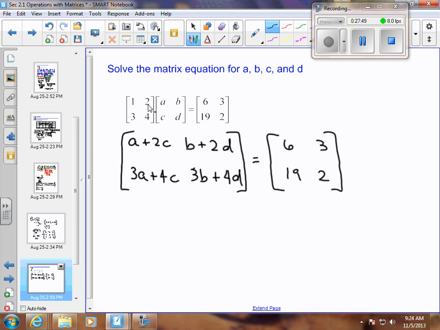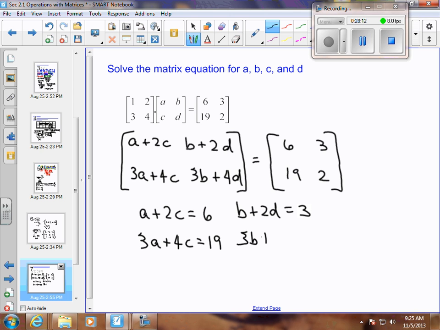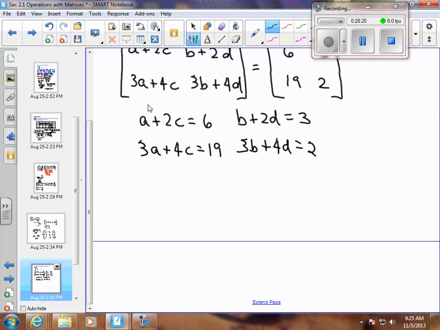So again, we have two matrices that are equivalent, and that can only be true if the corresponding elements are equal. So A plus 2C equals 6, B plus 2D equals 3, 3A plus 4C equals 19, and 3B plus 4D equals 2. So I would solve using elimination.